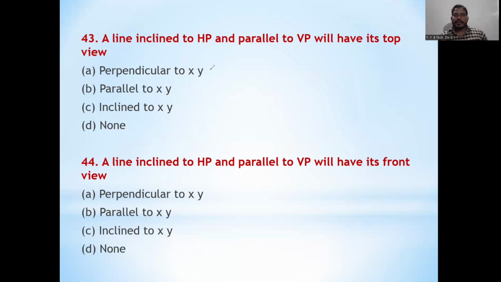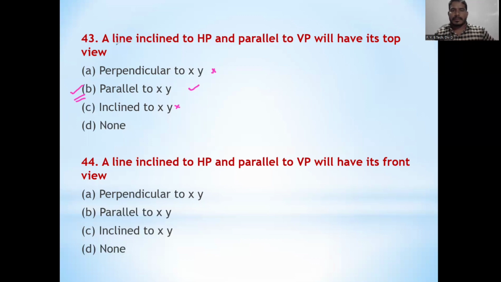Perpendicular to XY, it's not possible. Parallel to XY, it's correct. So option B will be correct here. Inclined to XY, it's not correct. Option B is correct because in this case it will observe from the top side and will get an apparent length that is parallel to XY.